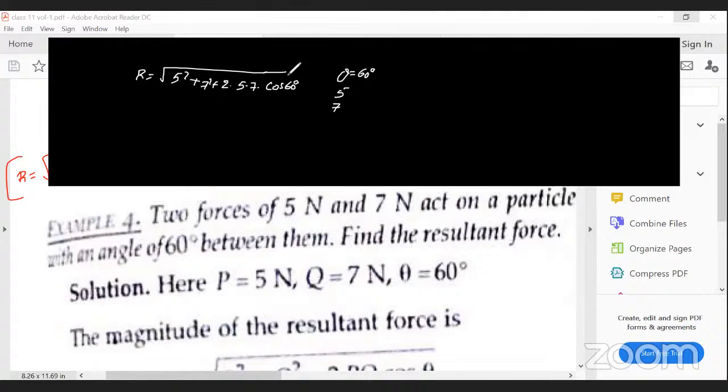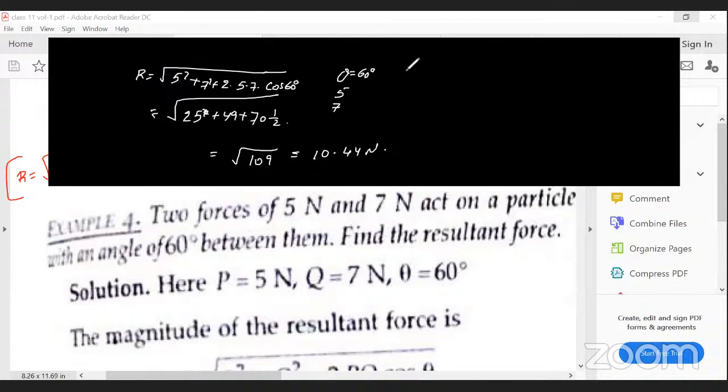Anyone? 1/2, yes, good. So it is square root of 25 plus 49 plus 2 times 5 times 7, which is 70, times 1/2. When you solve it, the relation will be approximately square root of 109. When you solve the square root, you will get approximately 10.44 newtons.